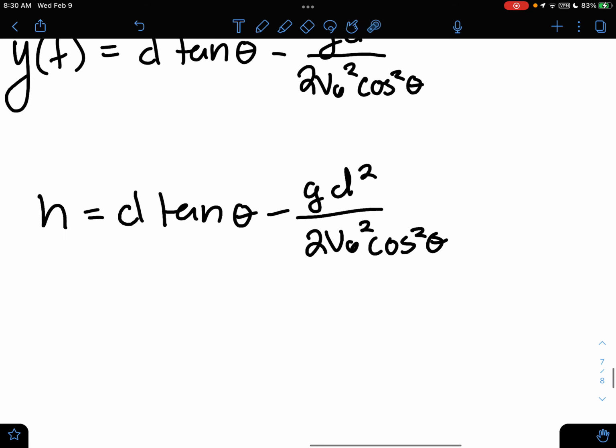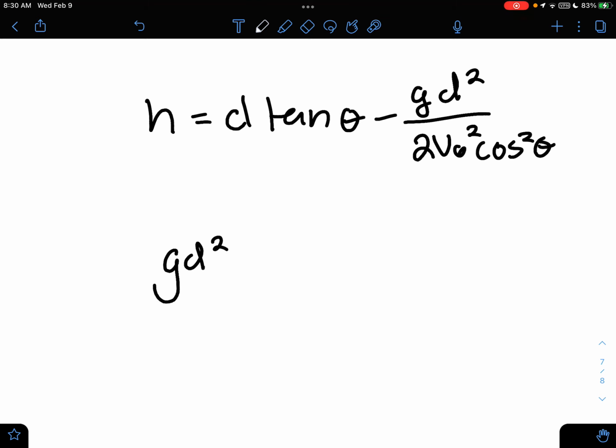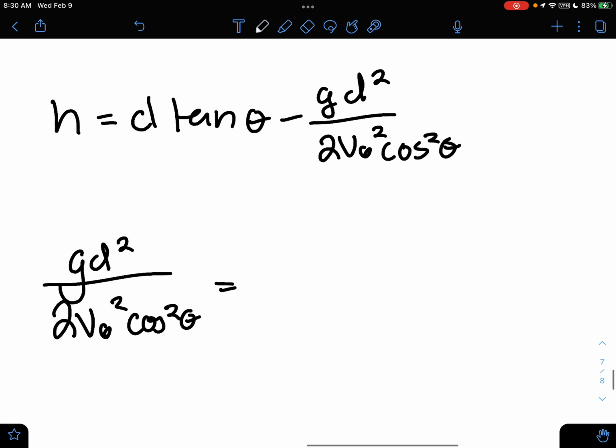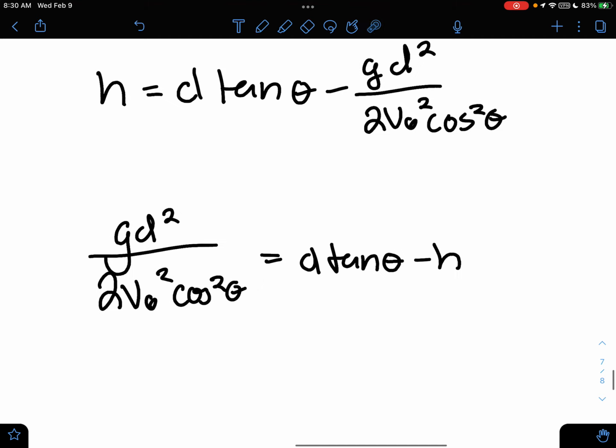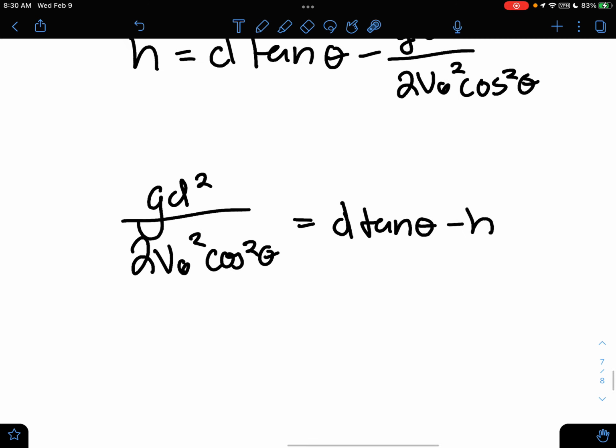I'm going to do some finagling and get some things to the same side. So g d squared over 2 v naught squared cosine squared theta equals d tan theta minus h. I just bumped this to the other side and then got rid of the negative for both, so I had to flip the signs for these. Now I'm going to multiply both sides by v naught squared and divide by this.